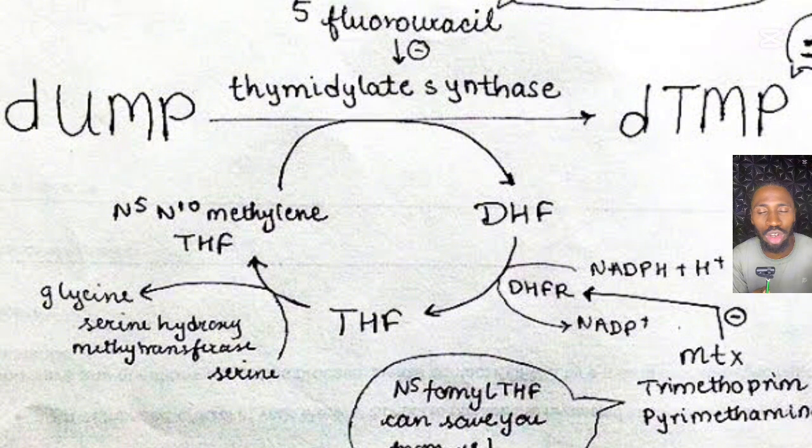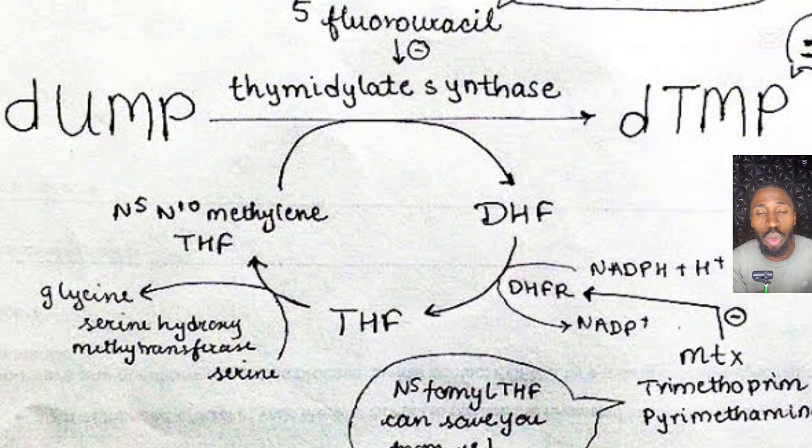From a DNA, replication can continue occurring. So this reaction is very, very important. From dUMP to dTMP, which is deoxyuridine monophosphate to deoxythymidine monophosphate, you are using thymidylate synthase in this reaction. So thymidylate synthase catalyzes the conversion of dUMP to dTMP.